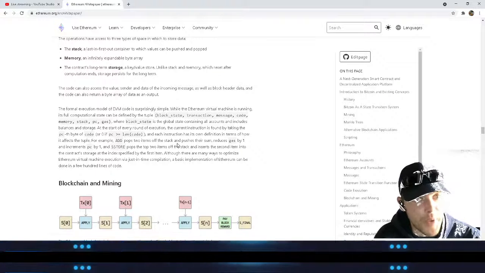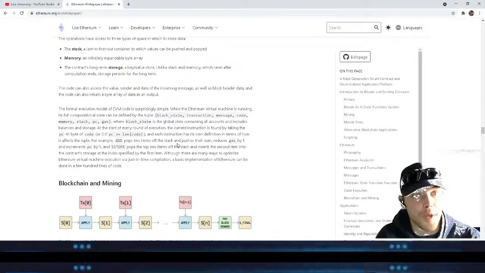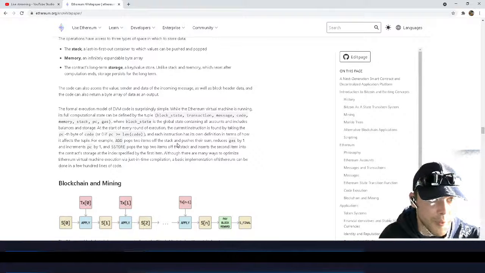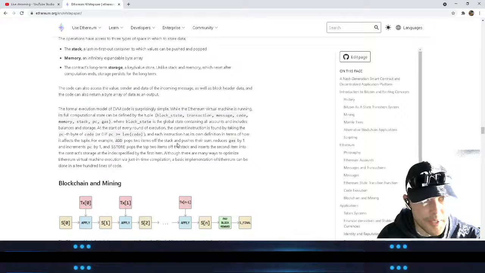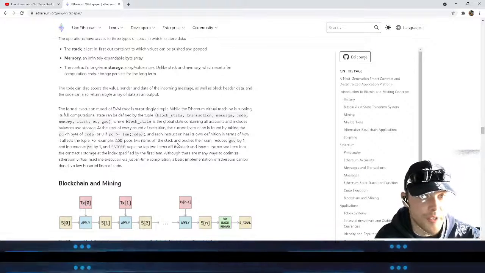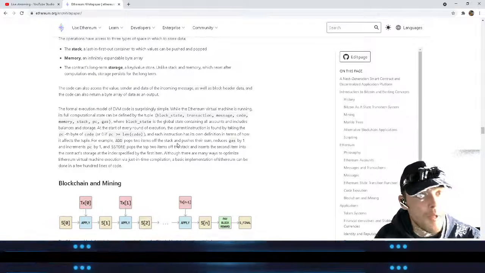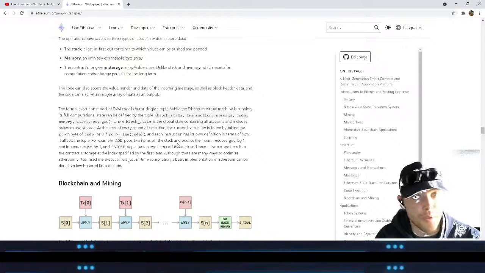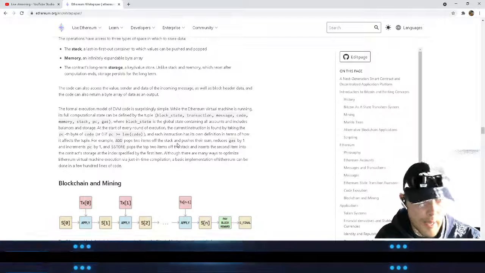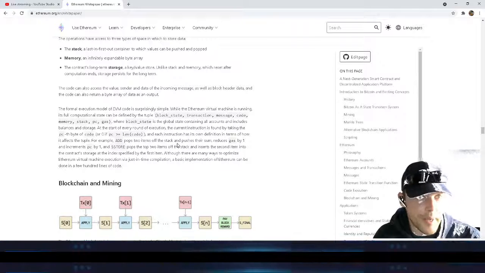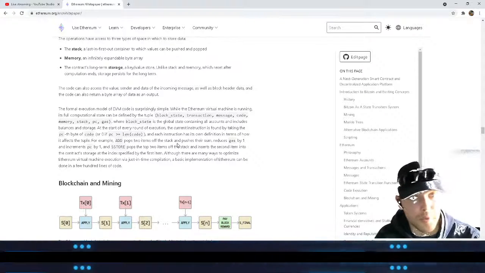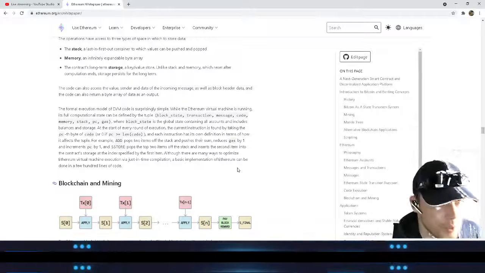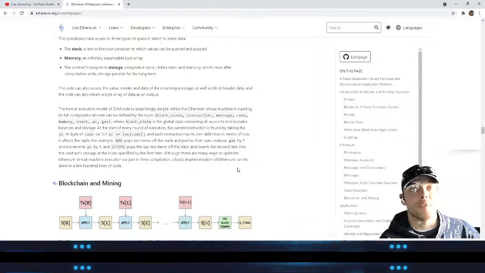At the start of every round of execution, the current instruction is found by taking the PC-th byte of code, or 0 if PC is beyond the code, and each instruction has its own definition in terms of how it affects the tuple. For example, add pops 2 items off the stack and pushes their sum, reduces gas by 1, and increments PC by 1. And store pops the top 2 items off the stack and inserts the second item into the contract storage at the index specified by the first item.